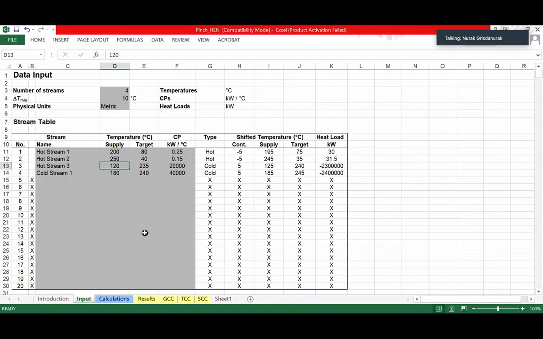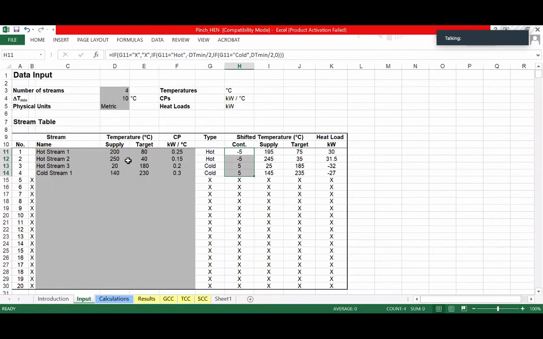What else? You have 20 up to 180, what is the CP? 0.2. What else? 140 up to 130, and then 0.3. Done. The adjusted temperature, the shift constant, is the temperature shifted by half of delta T, like what we learned.